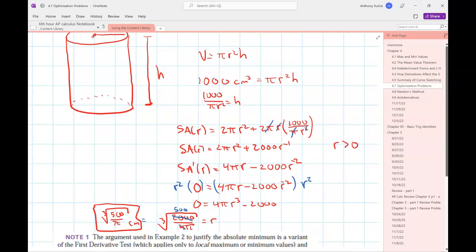Is there a calculus argument that we can make? Well, here's what you could do, right? You can do a test value. You pick an R that comes before that and after that and show that we go from decreasing to increasing. Or what I would prefer is do a second derivative test.